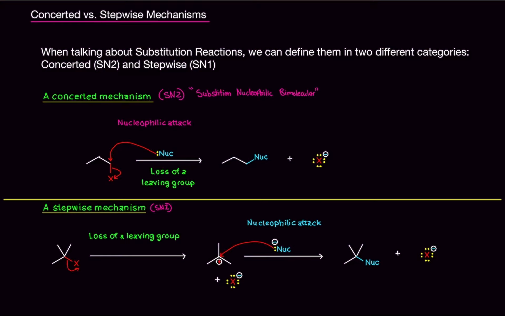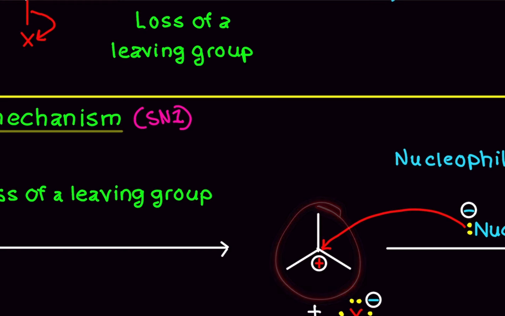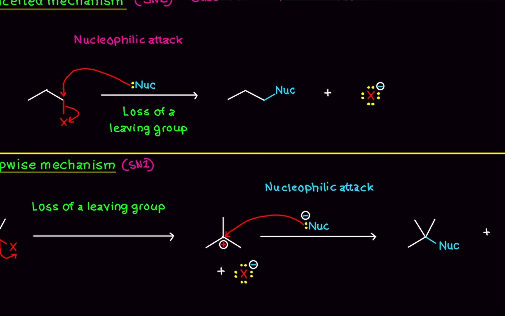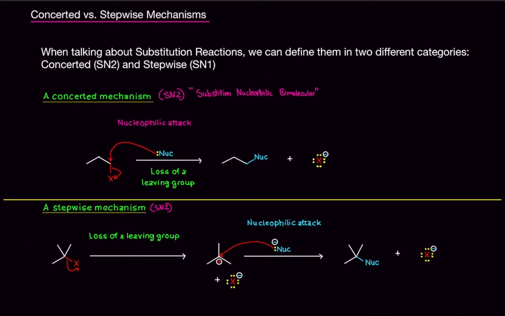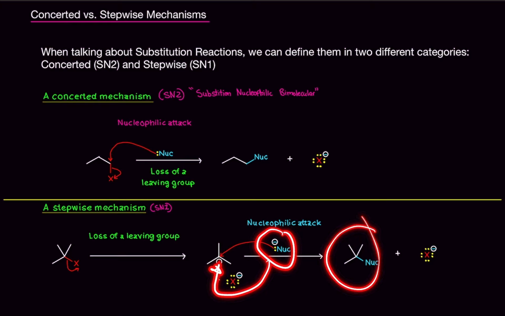Anytime you see a carbocation like this, always think of Sn1, okay? In Sn2, there never is a carbocation intermediate. So in Sn1, we have a loss of a leaving group, always followed by a carbocation intermediate. And then the nucleophile will attack that carbocation intermediate to get the final molecule.